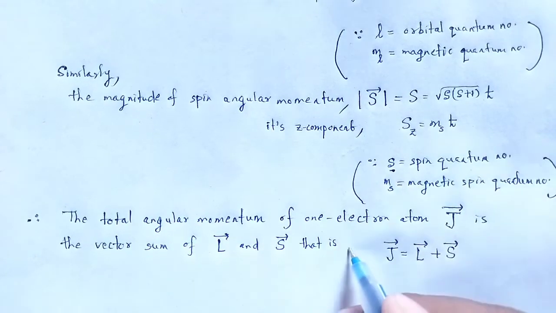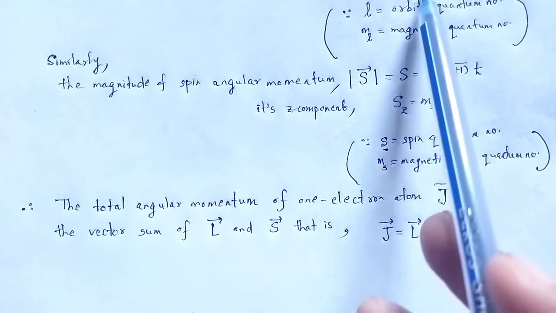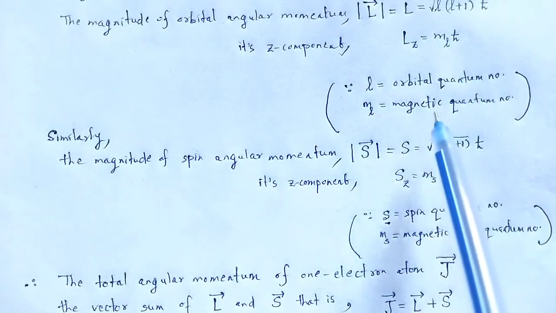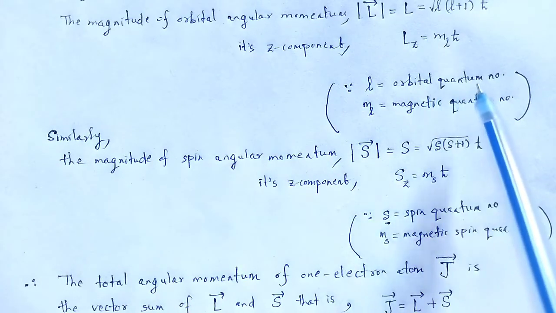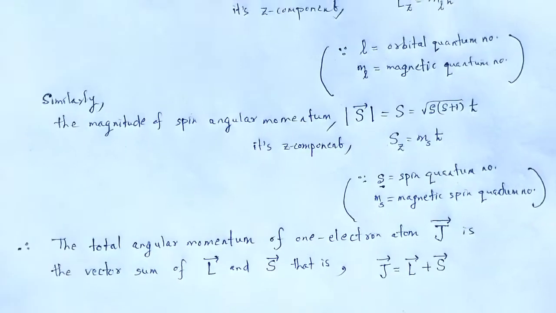Similarly, according to the condition of quantization for total angular momentum, that must be associated with total inner quantum number j. Since the angular momentum is associated with the orbital quantum number, again the total angular momentum is associated with the total inner quantum number.